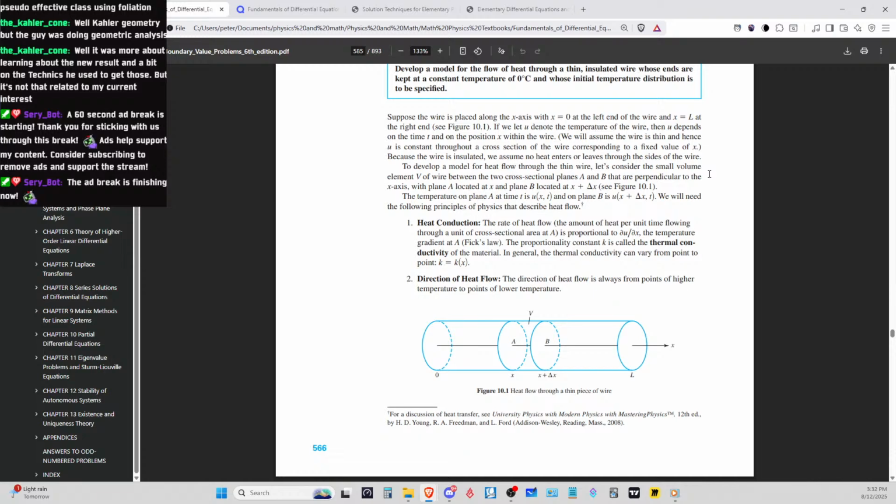So it's a rate of change with respect to space, the temperature gradient at A. Fick's law. The proportionality constant K is called the thermal conductivity of the material. In general, the thermal conductivity can vary from point to point, K equals K(x).